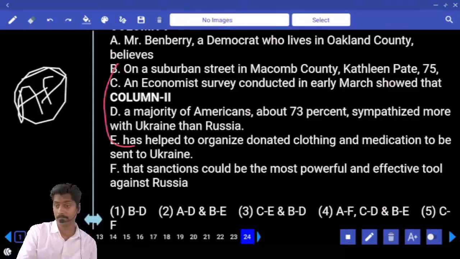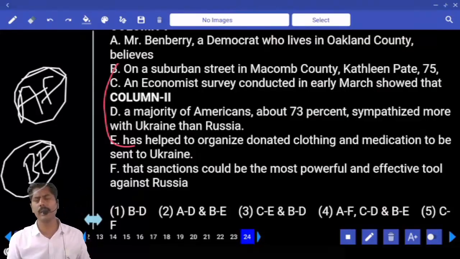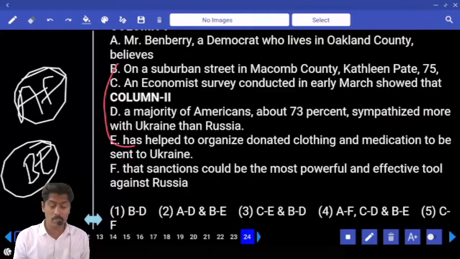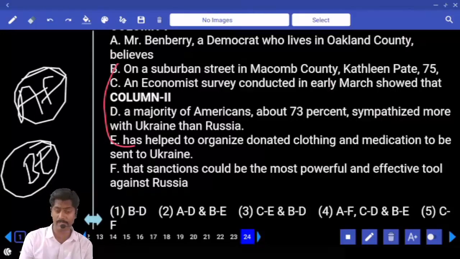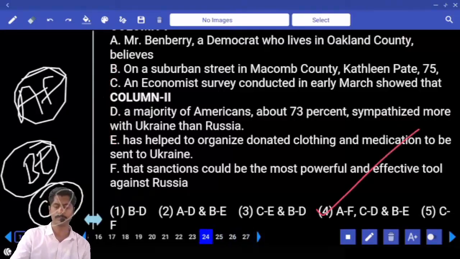Yes. BE. An Economist survey conducted in early March showed that a majority of Americans, about 73%, sympathized more with Ukraine than with Russia. So C and D. Do we have AF, BE, CD? Fourth option.